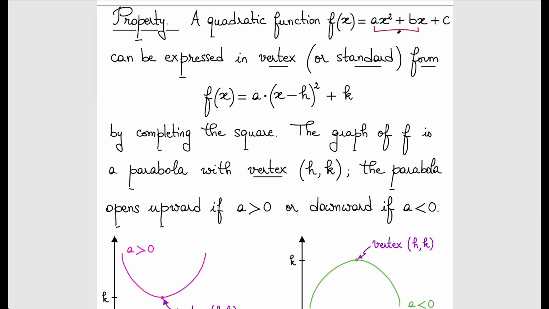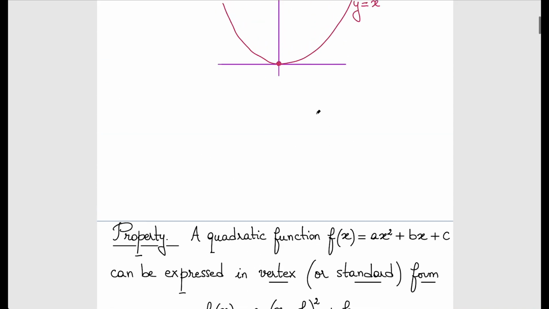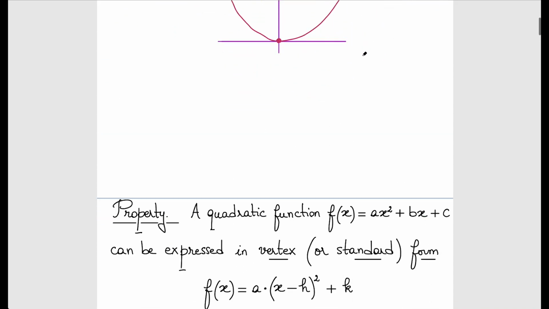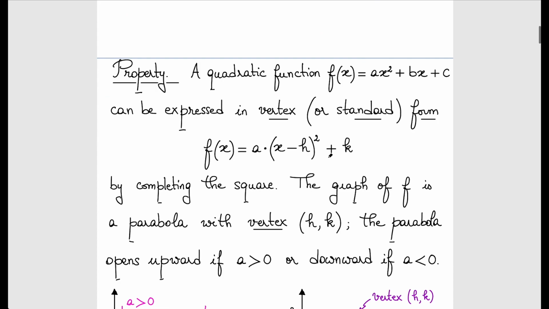We're going to talk about it just shortly, but if we complete the square between those two terms, then you're going to be able to transition this writing into this writing. And now let me convince you that by performing a series of transformations on the function y equals x squared, you're going to obtain something like this.